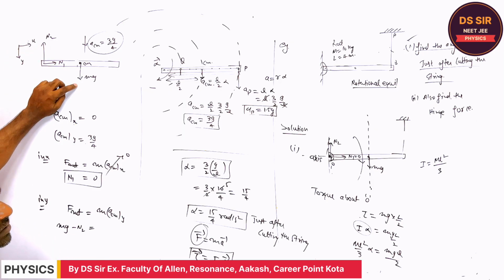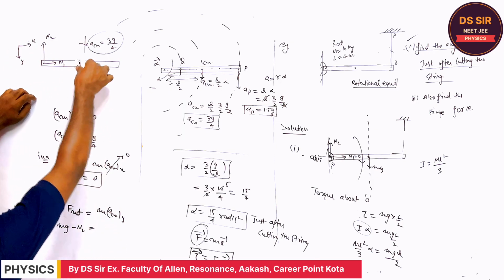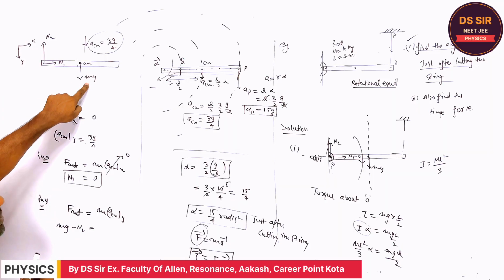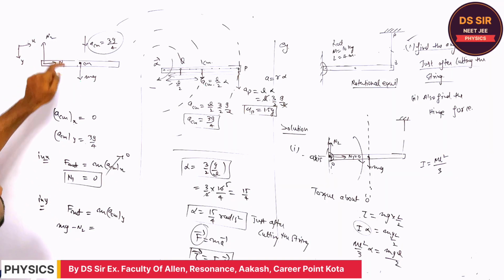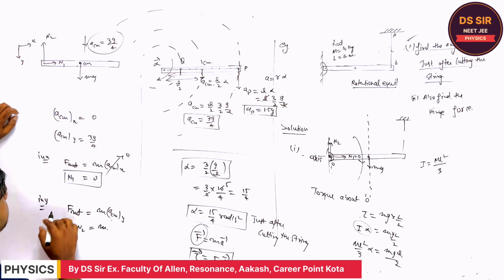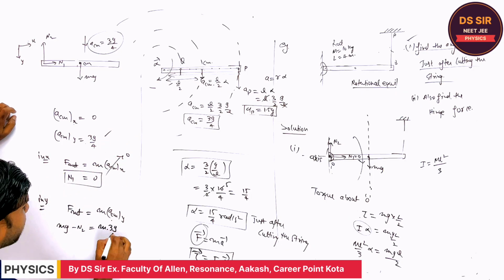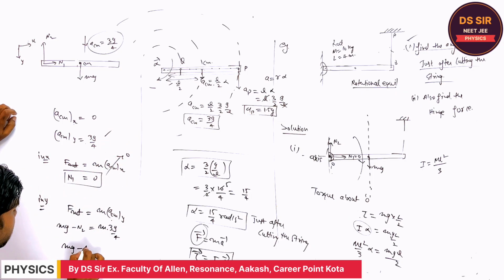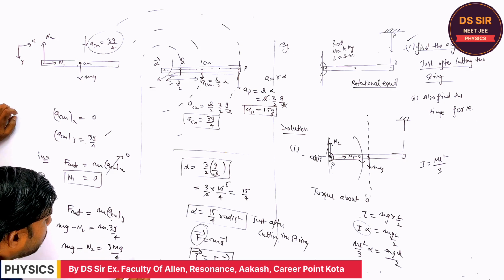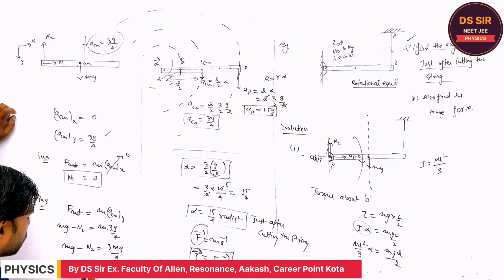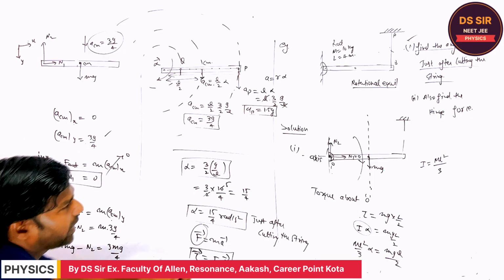Why mg minus N2 and not N2 minus mg? Because the acceleration is downward, so you have to take this force as larger. So mg minus N2 equals m into a_cm, which is 3g by 4. So mg minus N2 equals 3mg by 4, and N2 equals mg minus 3mg by 4. So N2 will be equal to mg by 4. This is the normal reaction N2.